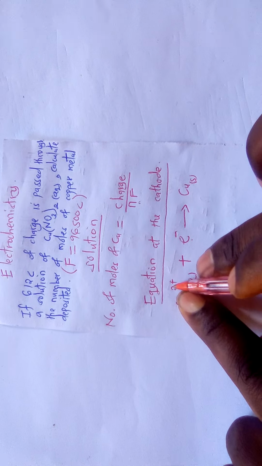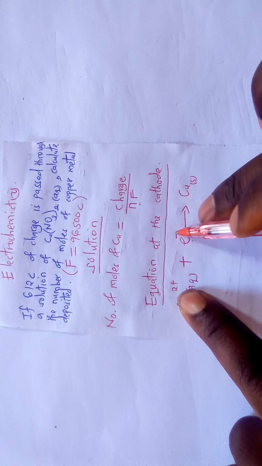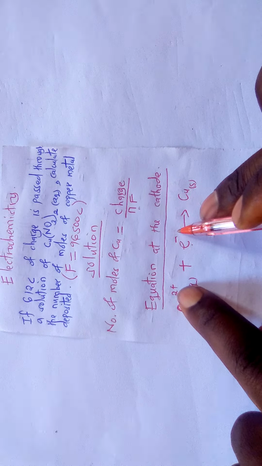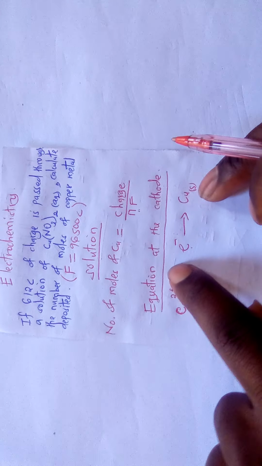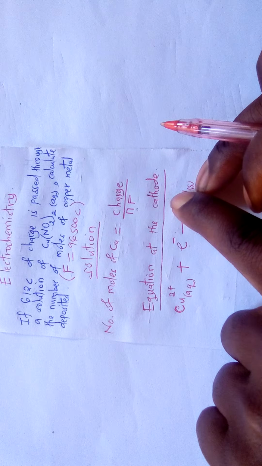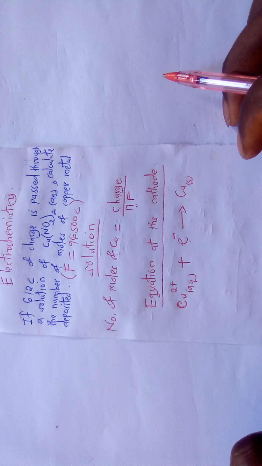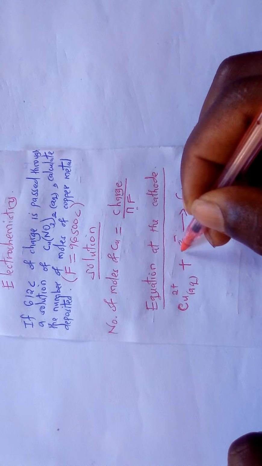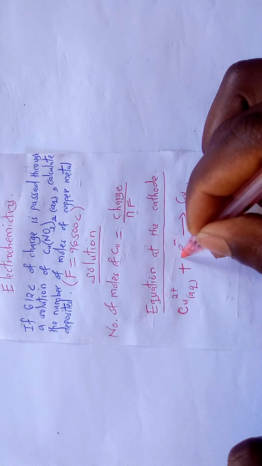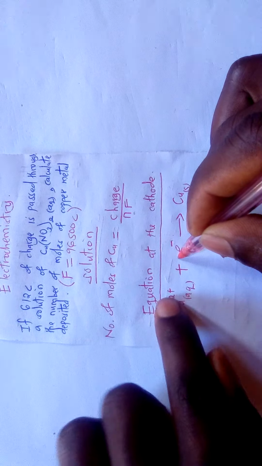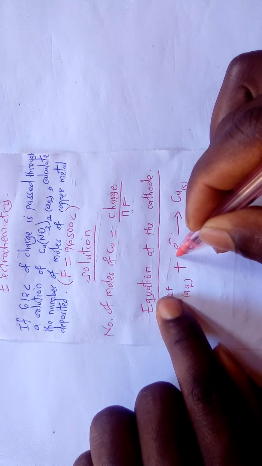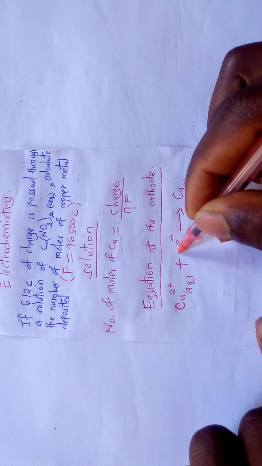I already have 2 here, and here is -1. So 2 minus 1 is 1, which is not equal to 0. Therefore you need an appropriate coefficient under the electrons, so that you can balance the charges on both the reactant side and the product side.